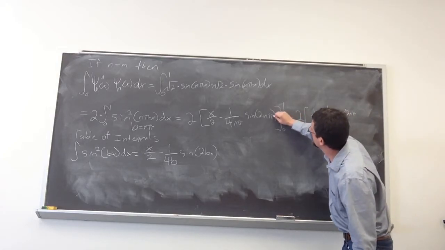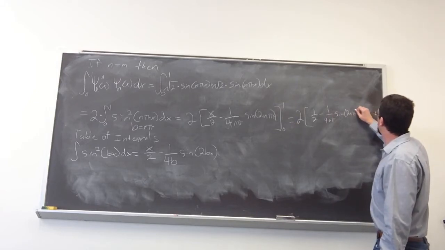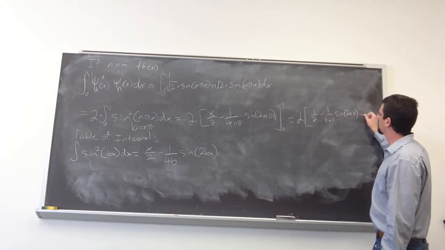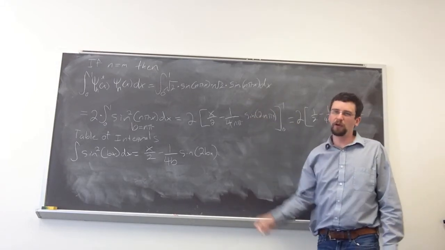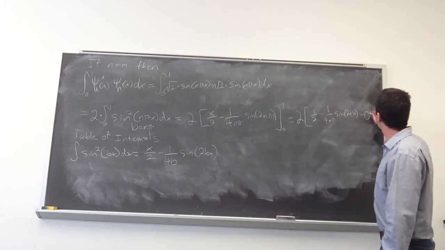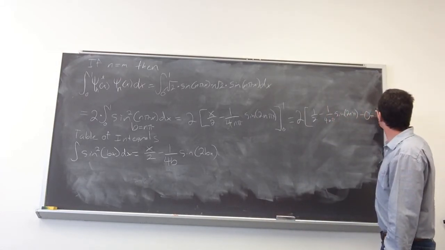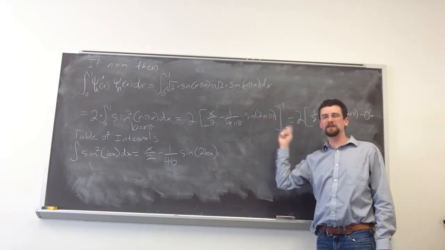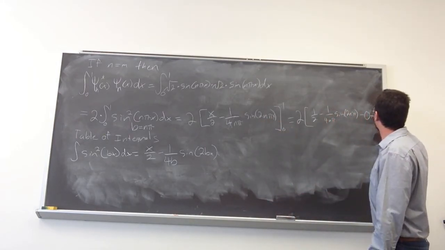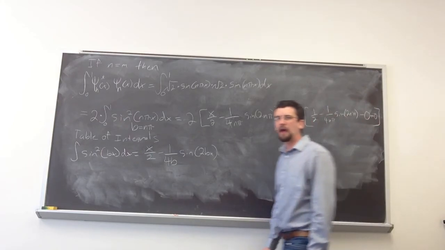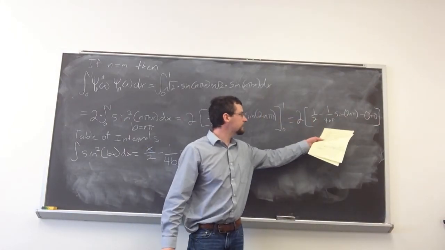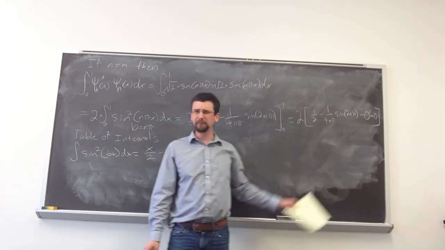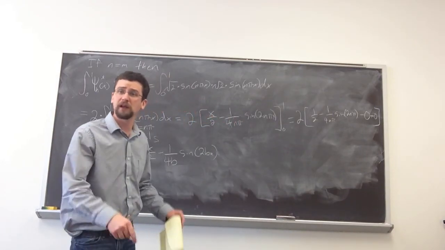Oh, we've got an x in here. At 1 minus 0 over a half, that's 0, plus, again, we're going to have sine of 0 in here. That's another 0. This second term looks like it depends on whatever the value of n is.